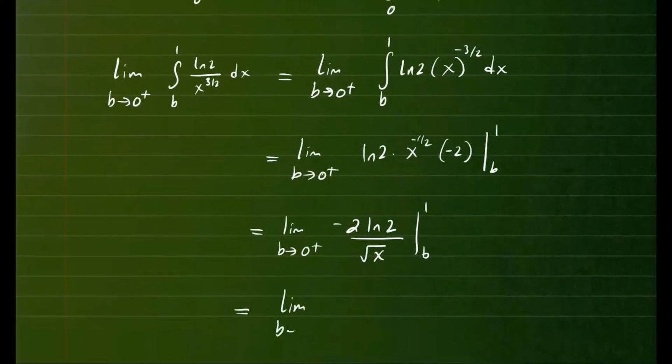So this is the limit as b approaches 0 from the right of negative 2 times ln of 2 over the square root of 1, minus negative 2. So that will be a plus. I'm doing the lower limit of integration, plugging in b, using the fundamental theorem of calculus. So this is 2 times ln of 2 over the square root of b.